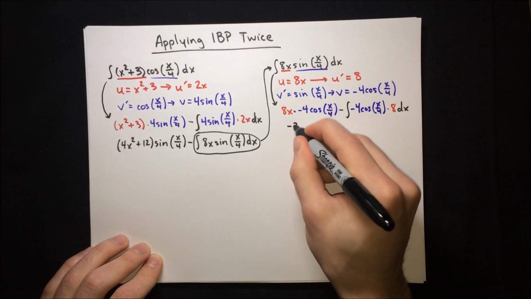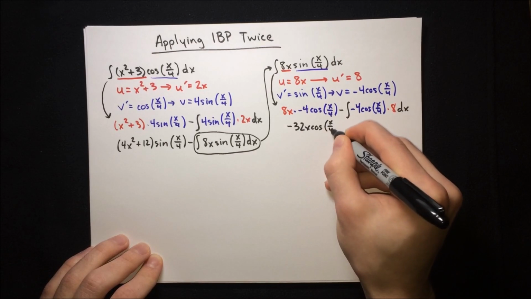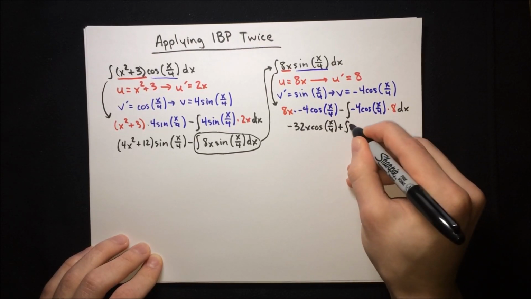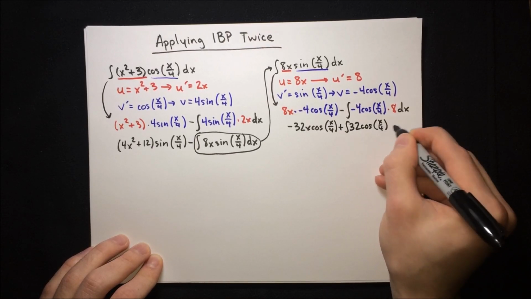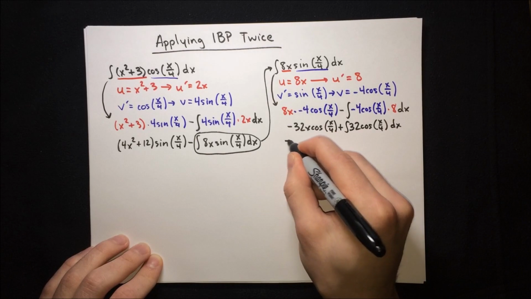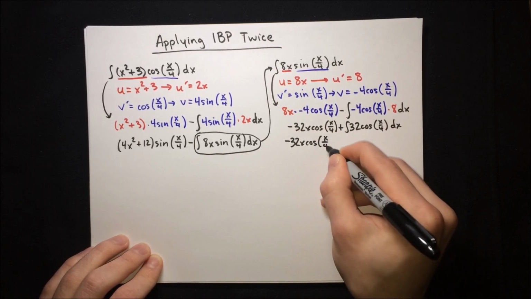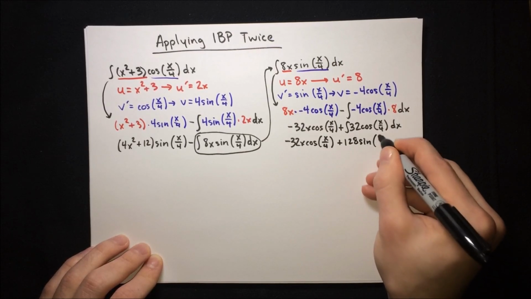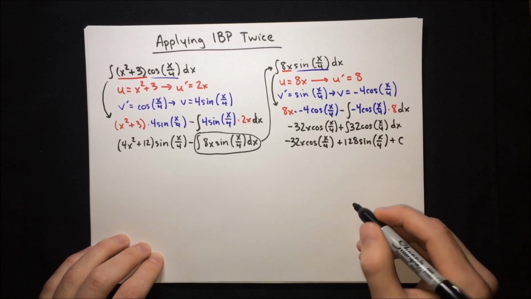So this is negative 32x cosine x over 4, then plus the integral of 32 cos x over 4 dx. So that's negative 32x cos x over 4 plus 128 sine x over 4 plus our constant of integration.